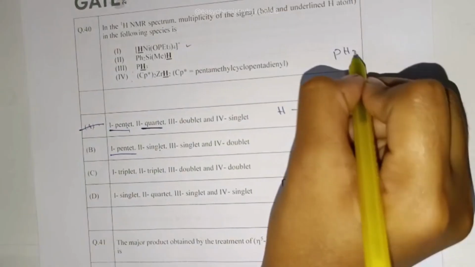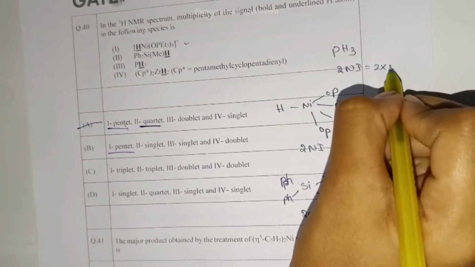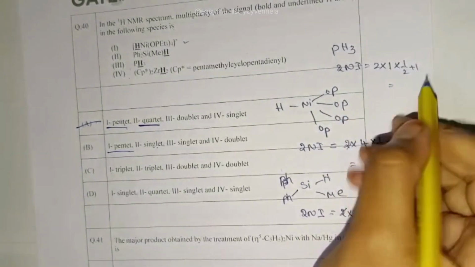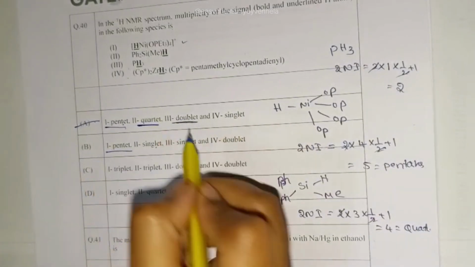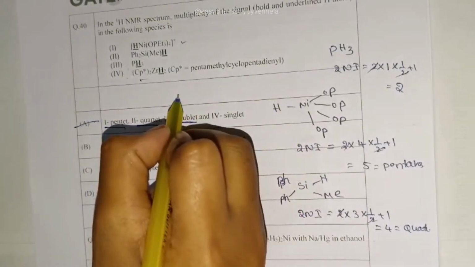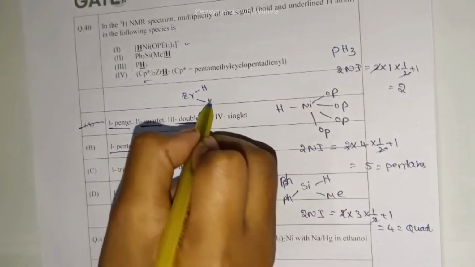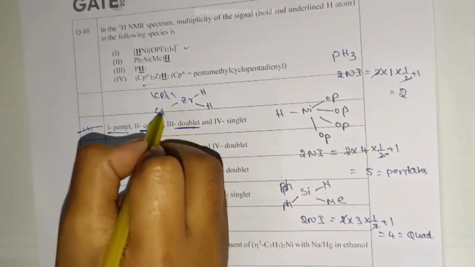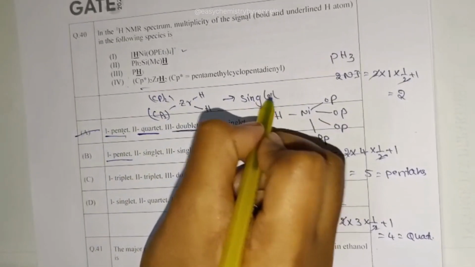Here PH3, 2nI is equal to 2 into hydrogen means 1 into 1 by 2 plus 1, that is equal to 2. So it is doublet. Next one, zirconium, half, hydrogen and CpCp. It is singlet. So correct option is A.